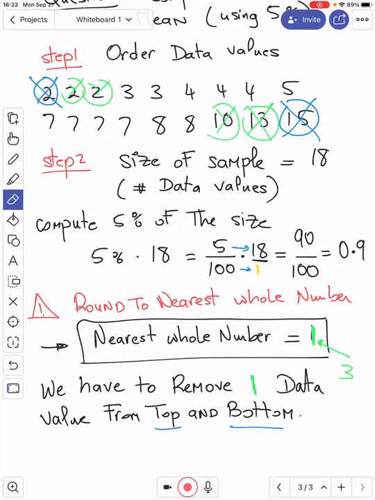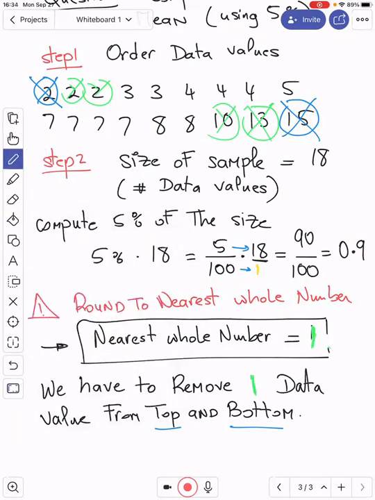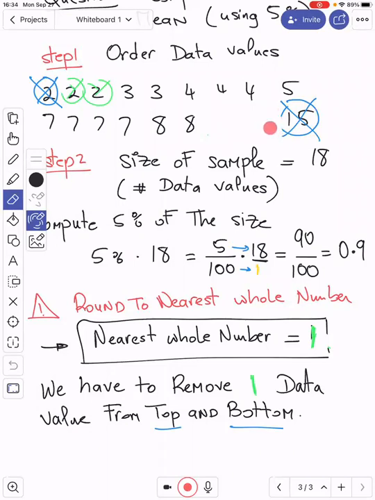But here we have just one number, so I have to remove the largest number and the smallest number. Let me just, this is supposed to be 1, right? We have to keep, of course, the 10 and 13.